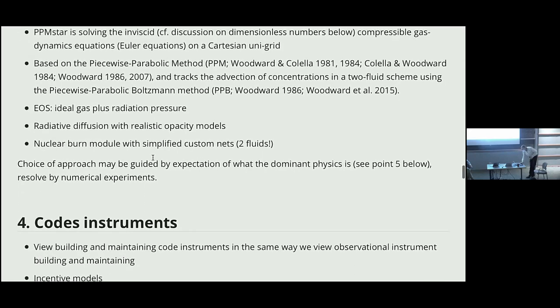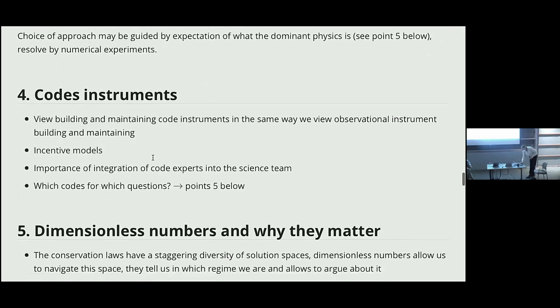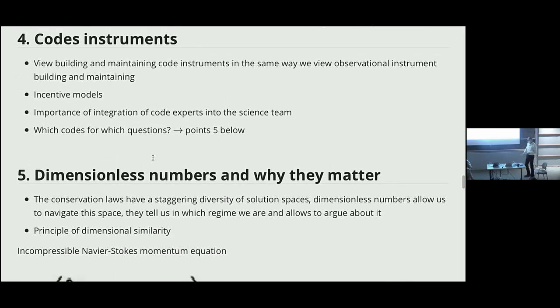The code instruments. So in terms of code instruments, what I would suggest is that we have to view building and maintaining code instruments, and you're all familiar, for example, with the MESA code instrument. There are other code instruments out there, the Flash code.